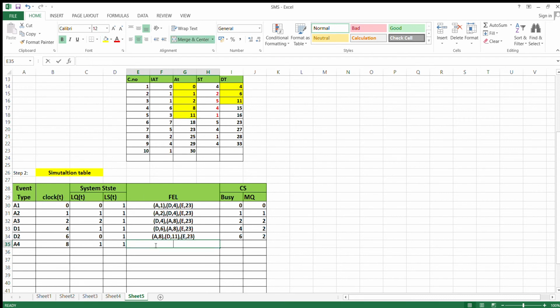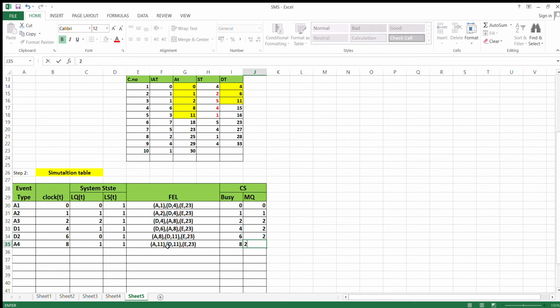So write A11, A11, E23. So visit time is current arrival A4, 8 minus previous arrival A3, 2, 8 minus 2, 6 plus 2, 8. So maximum queue is 2.